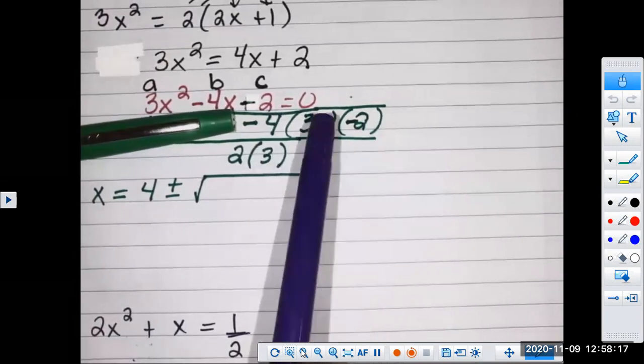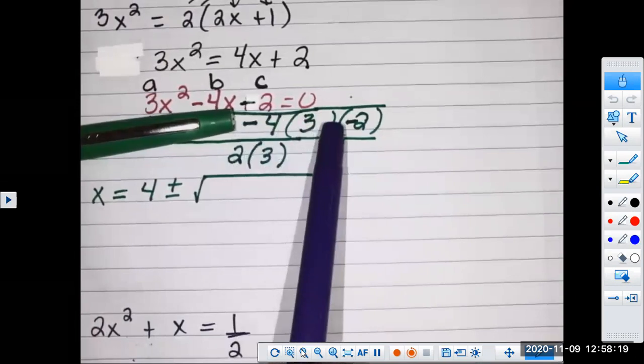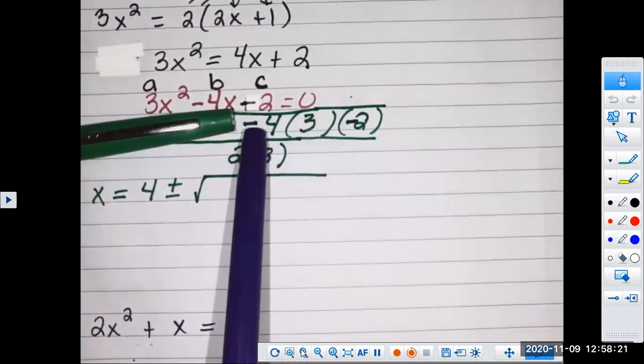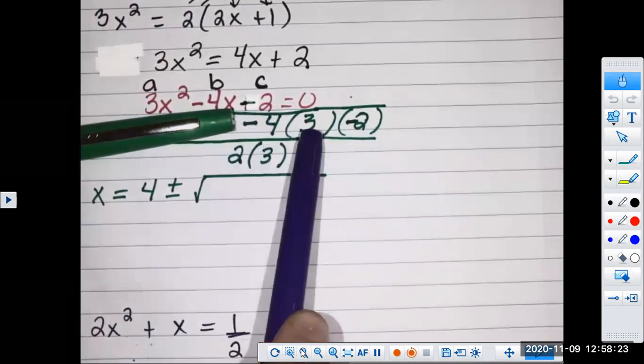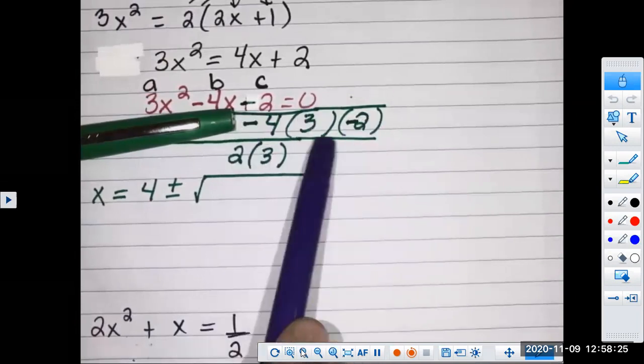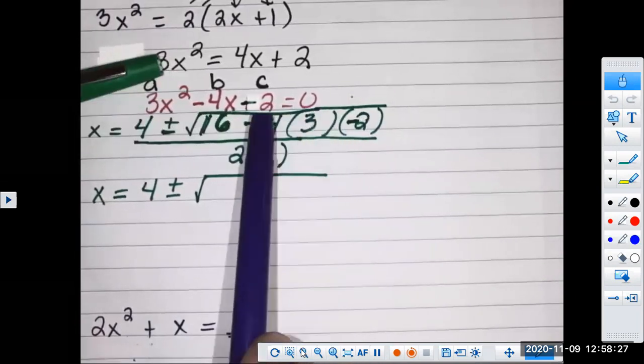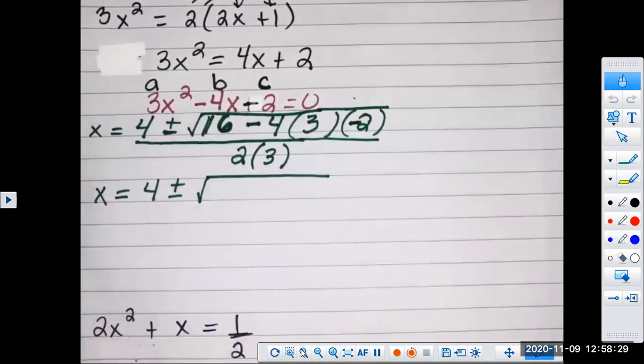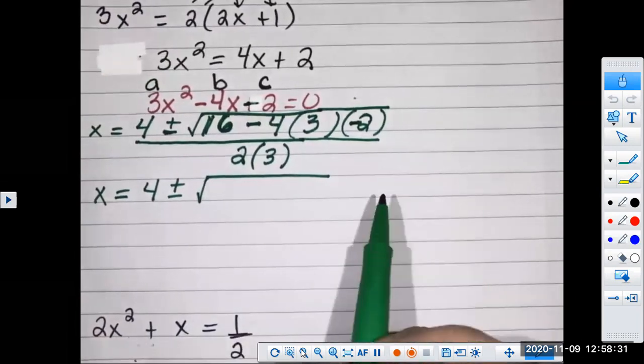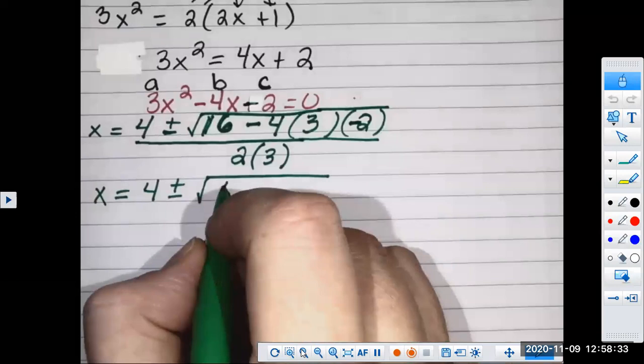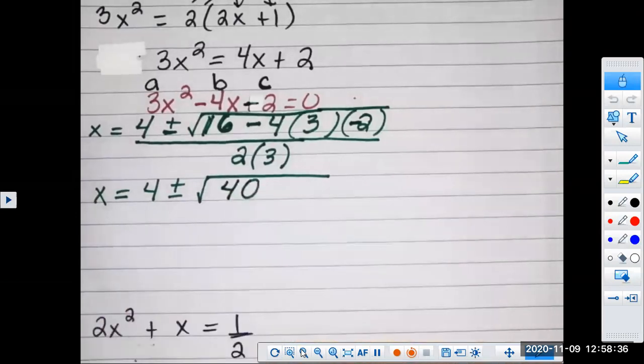What does that give you? Be careful, you got negative, positive, negative. So it's going to be positive 24 and then plus 16. So 24 plus 16 is going to give you 40.